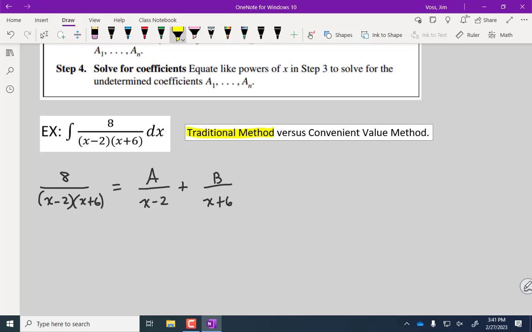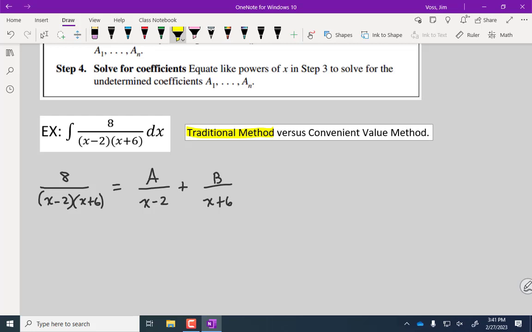So would you say that the easier method would be valid for every single other question, or only those? It's only valid for linear factors in the denominator. So I'm sure you all remember the fundamental theorem of algebra. Every polynomial with real integer coefficients can be factored into linears and quadratics.